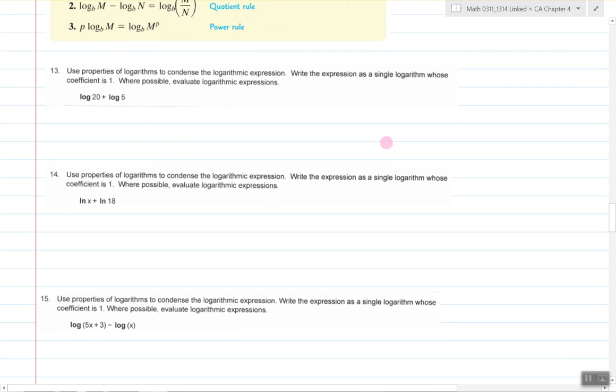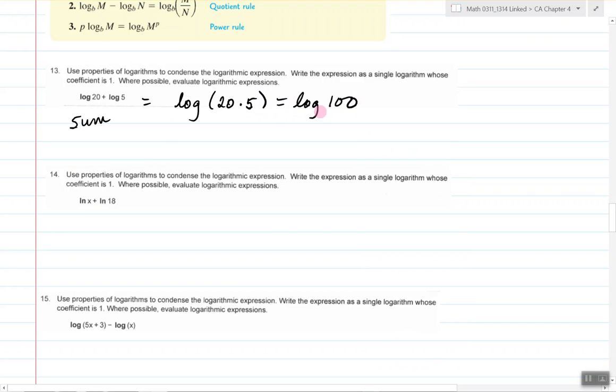All right, here, this is a sum, which means it will turn into the product. This will be the common log of 20 times 5. Multiply the arguments. Well, that is the log of 100. And then I think about that. What's my base?